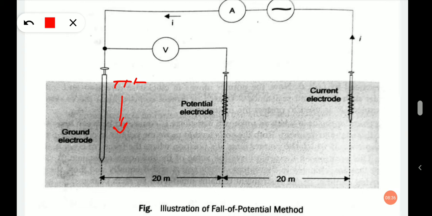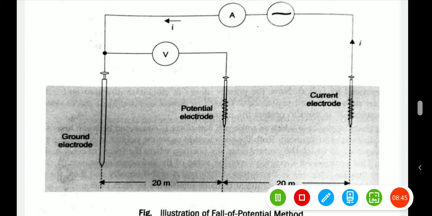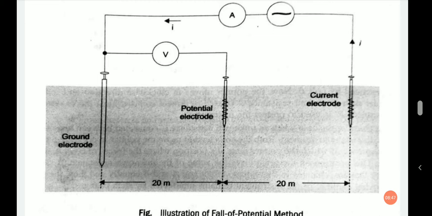An AC voltage is applied such that a measurable current gets produced between the ground electrode and current electrode, and it is measured by the connected ammeter.